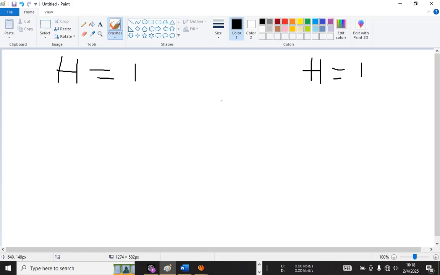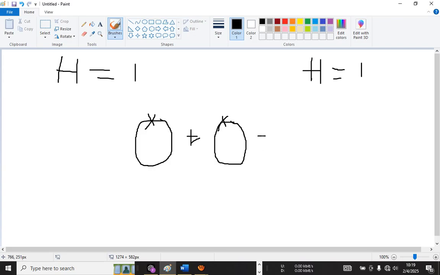Now just draw the structure of the first hydrogen and then the structure of the second hydrogen atom. This one has only one valence electron, and this one also has only one valence electron.